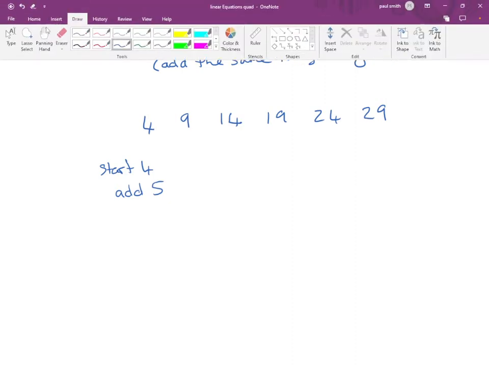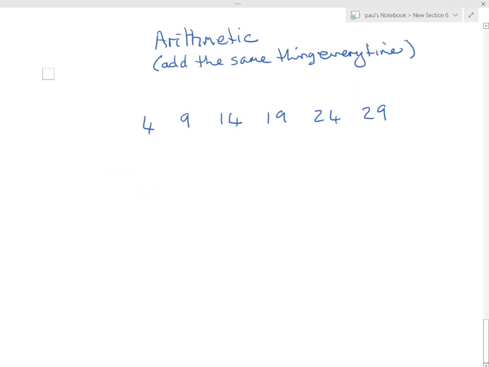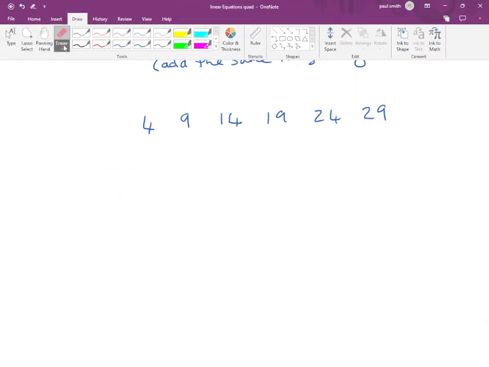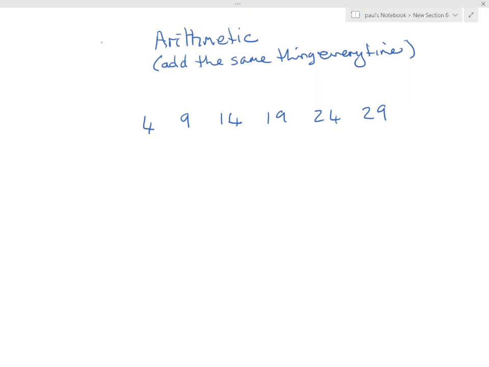Now, with arithmetic sequences, there is something else that we have to learn how to do. Now, you may have heard me mention the term. As in algebra, when you've got 2x plus 3y plus 4 or something, these are all terms, the individual parts within the expression. And these are terms as well, because they're the individual numbers within the sequence.